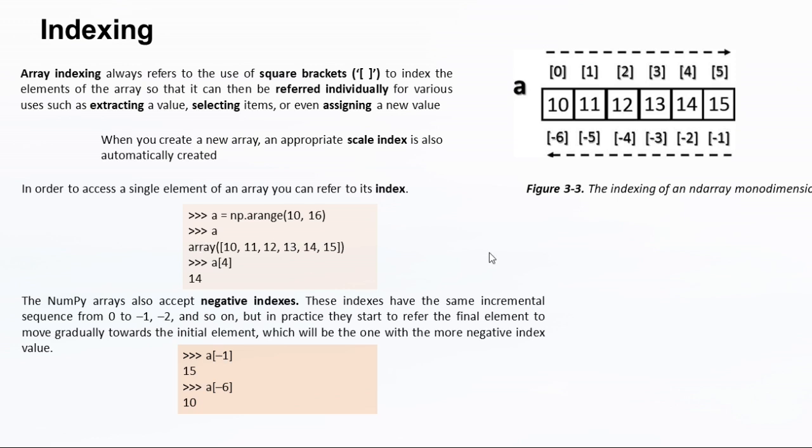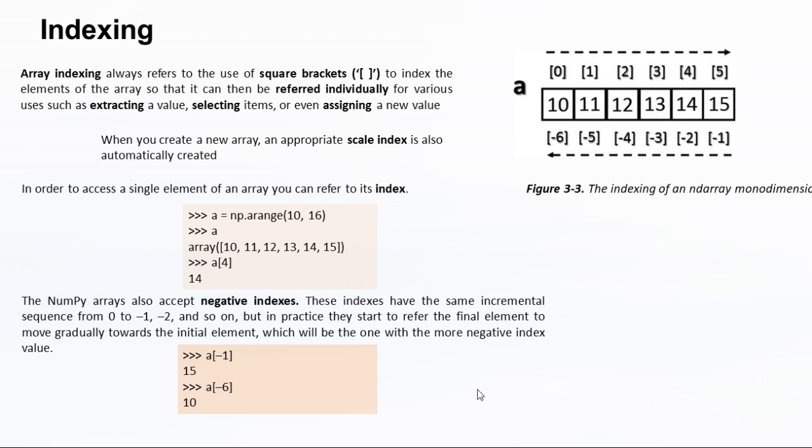Now if you want to access a particular element, let's say I want to extract the number 14 from this array, then you have to specify the index. If I am using the positive index concept, 14 is at index number 4. So if I type A[4], with 4 specified within the square brackets, the value at that index will be extracted.